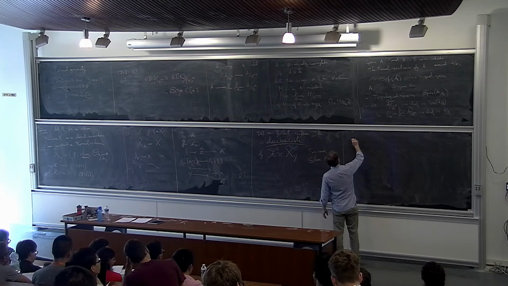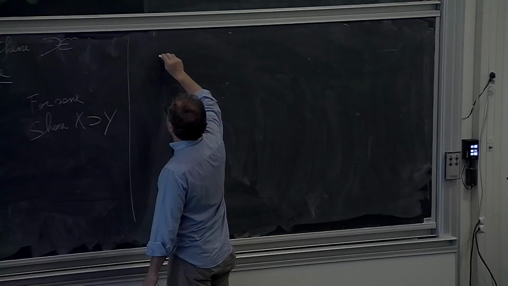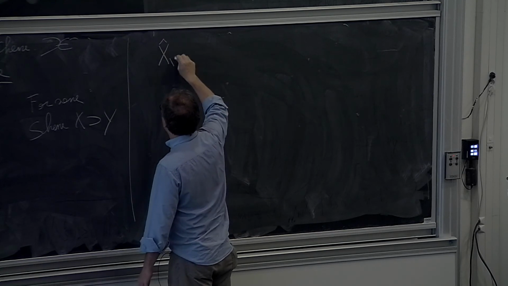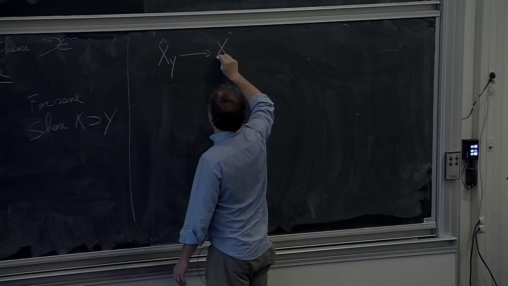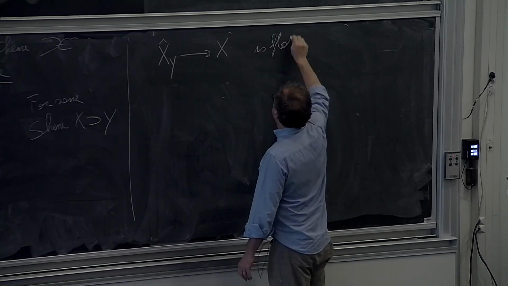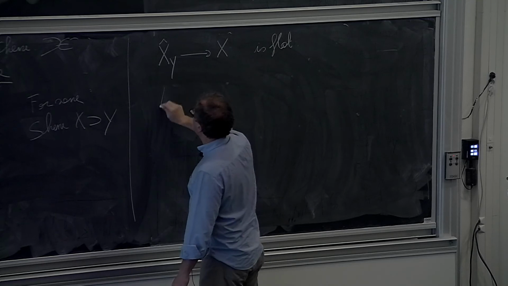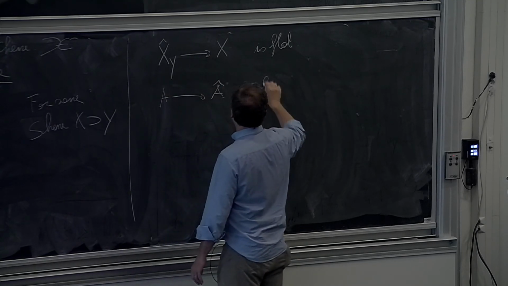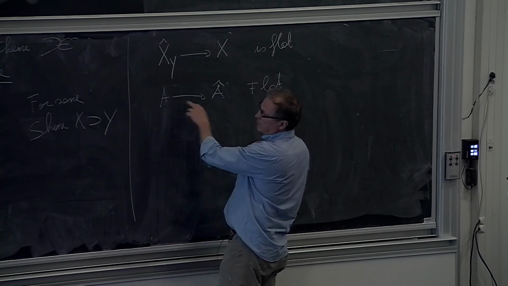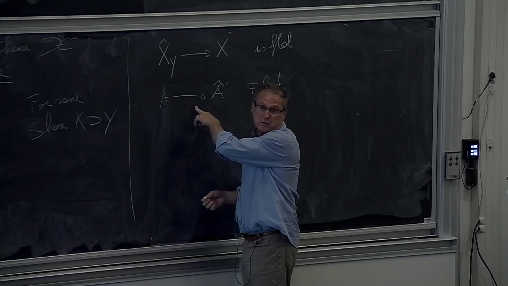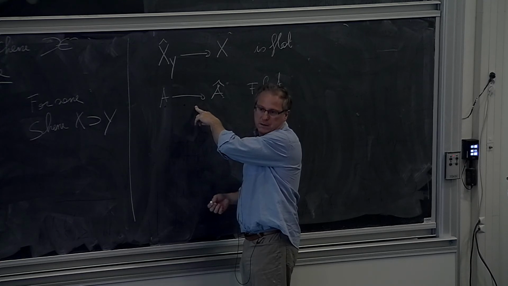What I want to say, which is very useful, is this general theorem: this morphism is flat. The proof that this is flat is commutative algebra, and can be found in Matsumura, in Liu's book, in many books.